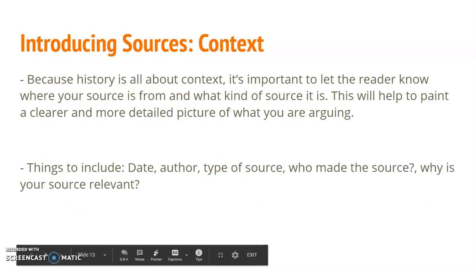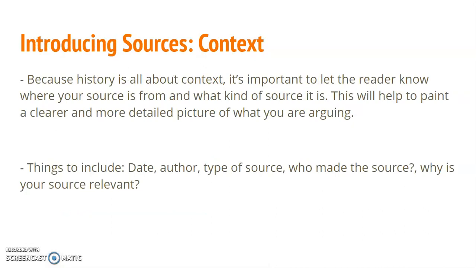So that brings us right here: introducing our sources. This is that portion of the rubric that talks about introducing sources. Essentially, what you're doing when you introduce a source is giving context. So what is context? History is all about context. It's important to let the reader know where your source is from and what kind of source it is.